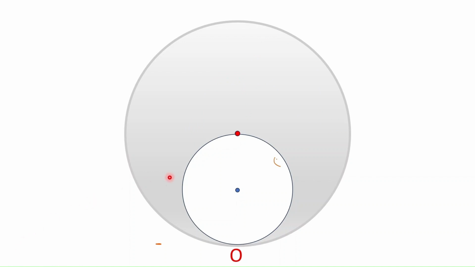See here. This is a glass sphere and this one is the air cavity. S is the source. From this, a light is emitted and incident on the periphery along the normal. Here, along this normal, it is incident. Then what happens?